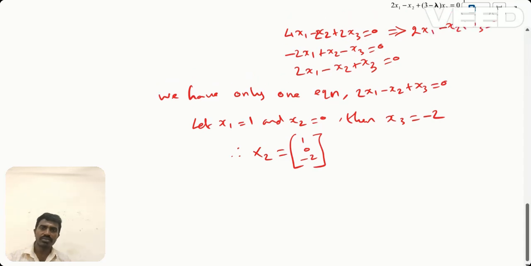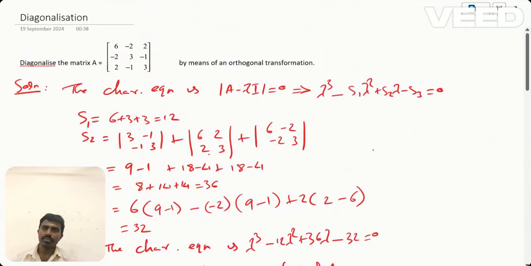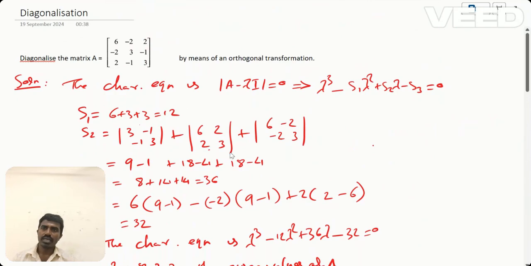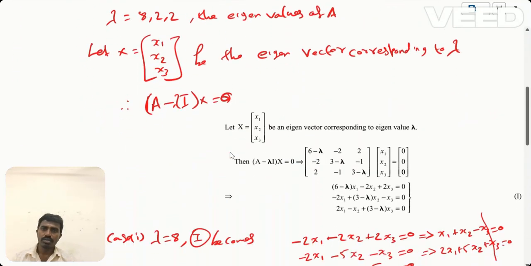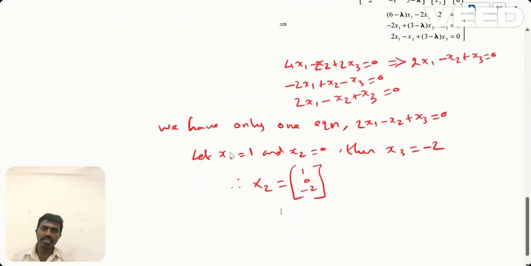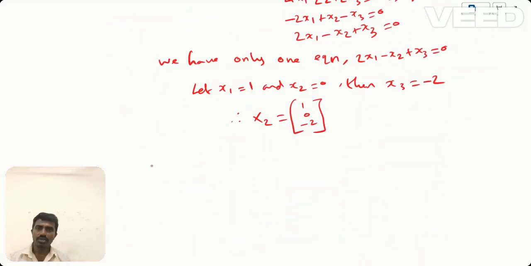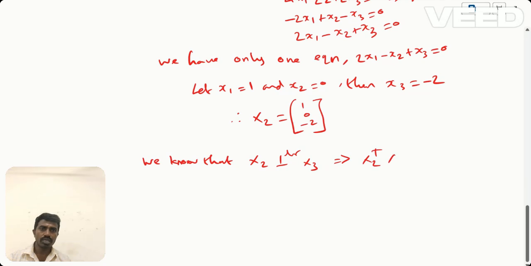And to find the third eigenvector, here the matrix is symmetric matrix and the eigenvalues are repeated. So in that case, use the orthogonal property. We know that x2 is perpendicular to x3, which implies x2 transpose x3 equal to 0.